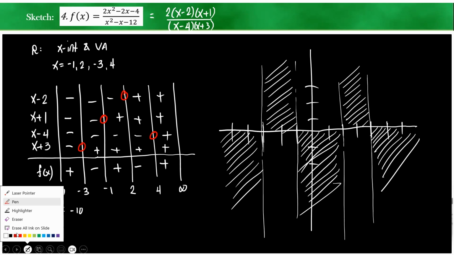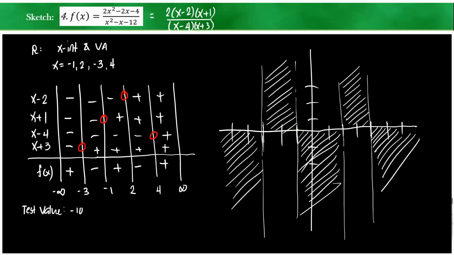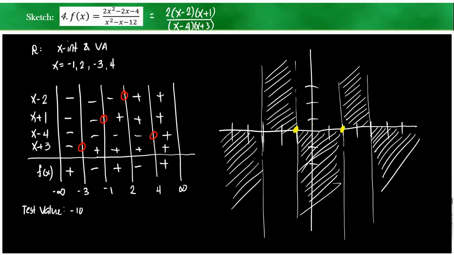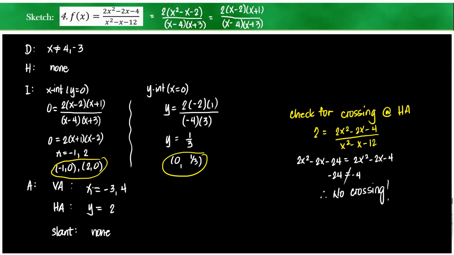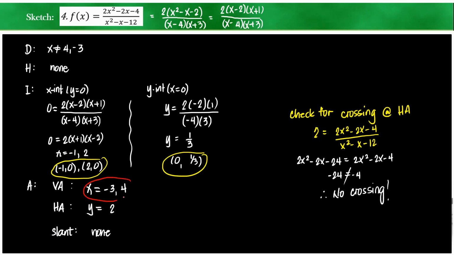Okay, let's look at the intercepts. I'll encircle the intercepts, guys, so you know what they are, in yellow: -1, +2, and then 1/3. There. Then, for my asymptotes, I have two vertical, one horizontal.